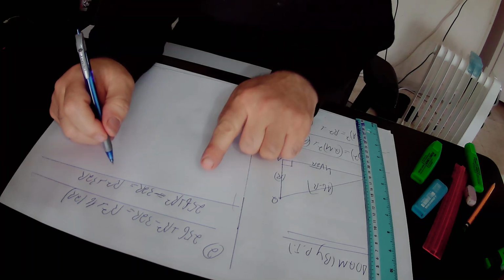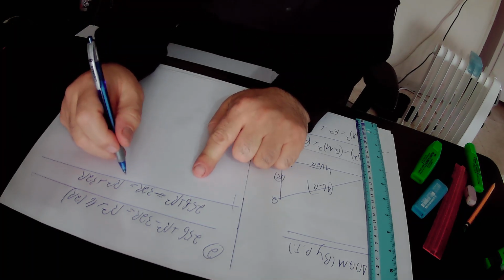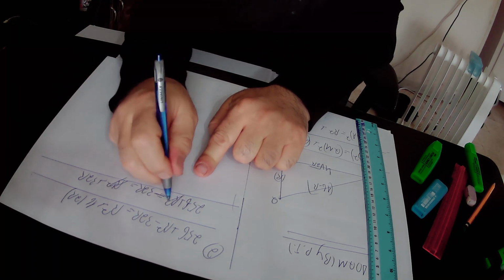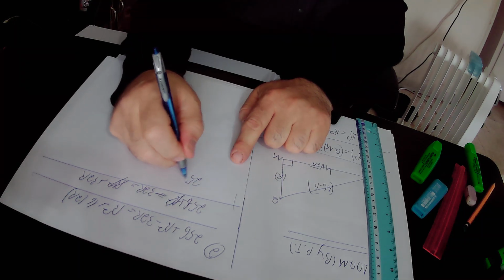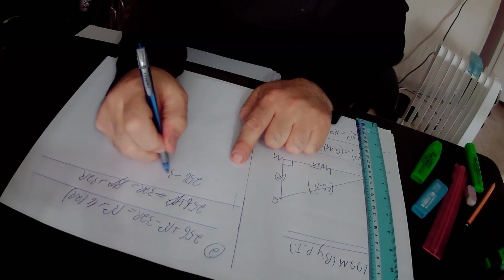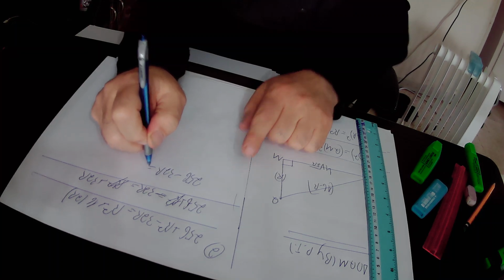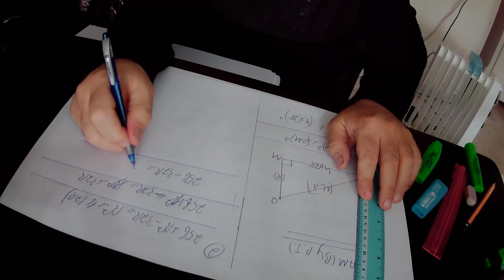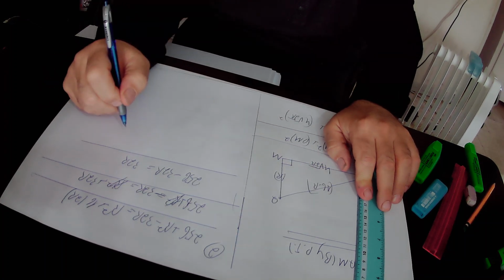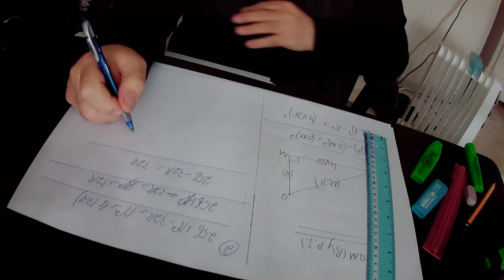So here we have R squared on both sides of this equation, so R squared will get cancelled. After cancelling R squared, on this side of the equation we are left with 256 minus 32R, and on the other side we are left only with 32R. So 256 minus 32R equals 32R.